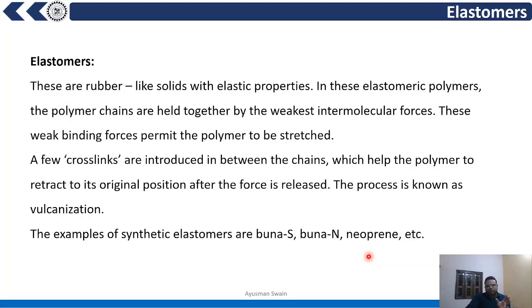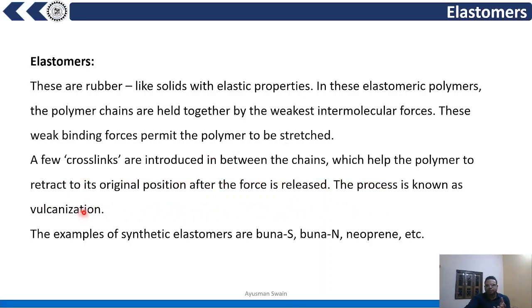Elastomers are rubber or rubber-like solids with elastic properties. In these elastomeric polymers, the polymer chains are held together by the weakest intermolecular forces. These weak binding forces permit the polymer to be stressed. A few crosslinks are introduced between the chains, which help the polymer retract to its original position after the force is released.